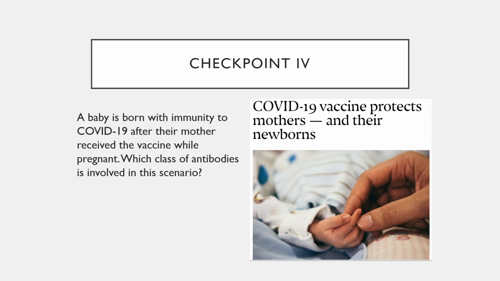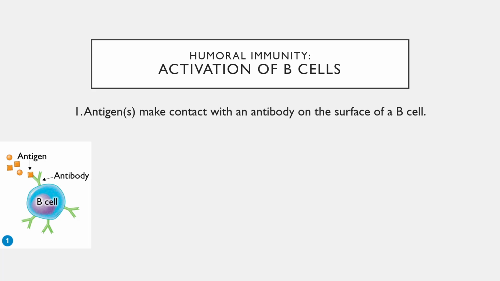Now, as promised, we need to discuss the role that B cells play because we talked about how humoral immunity is mediated by both antibodies and B cells. So far, we've only talked about antibodies, but we need to bring B cells into the picture because without B cells, there would be no antibodies.